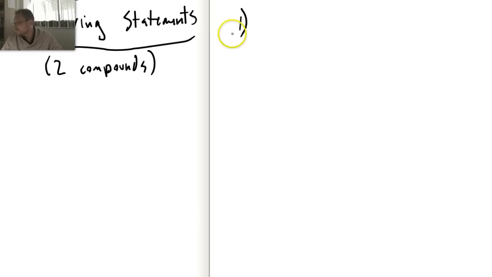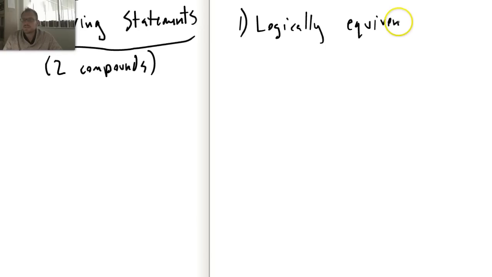The first possibility here is that the two statements are logically equivalent. Oops, I misspelled that. Let me erase this. That's one of the reasons I'm using this little book here, because I can use my eraser on it. Logically equivalent.